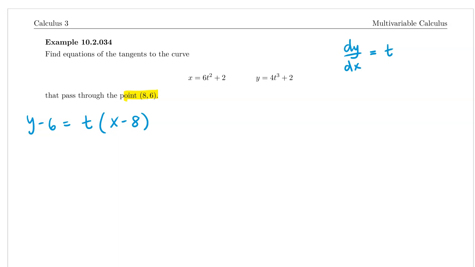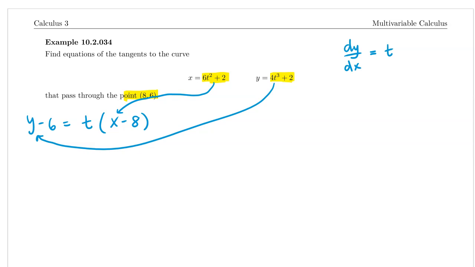Now, our goal here is to figure out what t is. And so one way that we could do that is, I know that x is equal to 6t squared plus 2 and y is equal to 4t cubed plus 2. And what I can do is take those and plug them in to these locations in our equation.